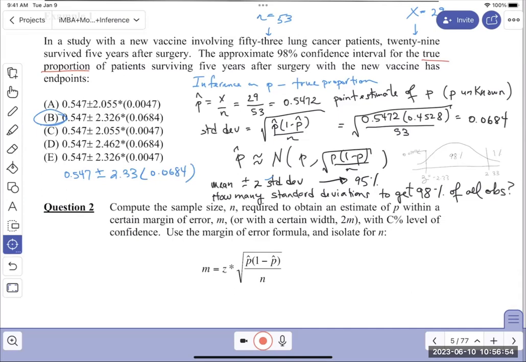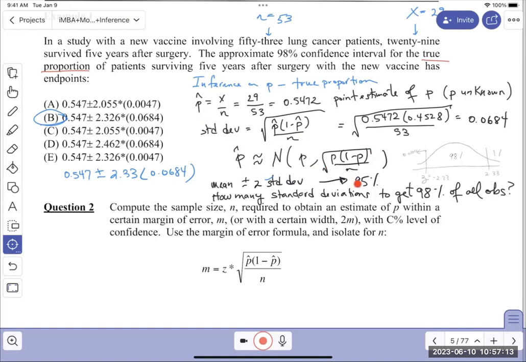So we have created an interval around the point estimate, P hat, leaning on the theory that P hat has this distribution, and we just estimate.